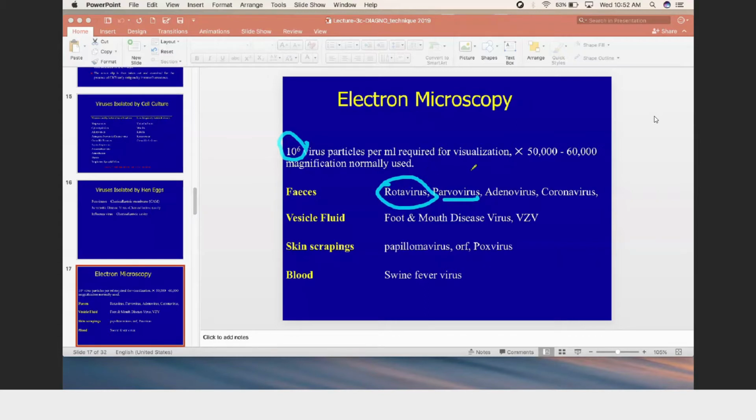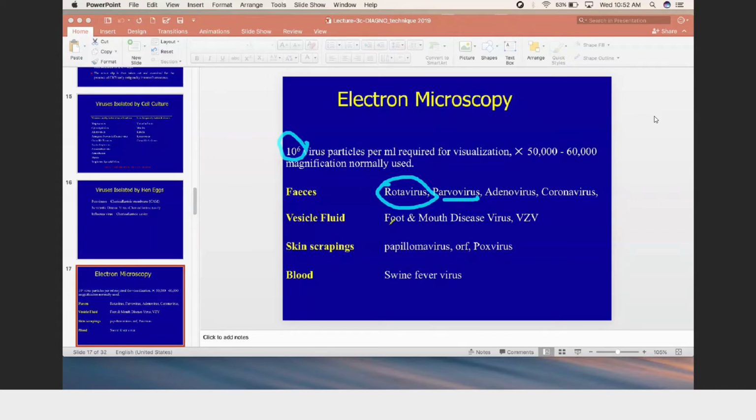You can use certain techniques to concentrate the virus first, such as centrifugation and so on. Then from there, you can do the EM, electron microscopy.